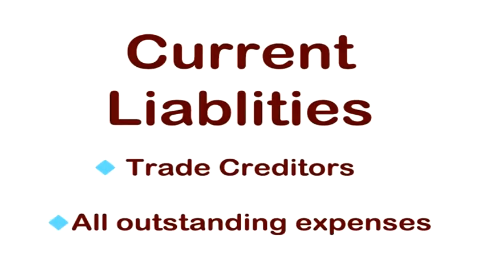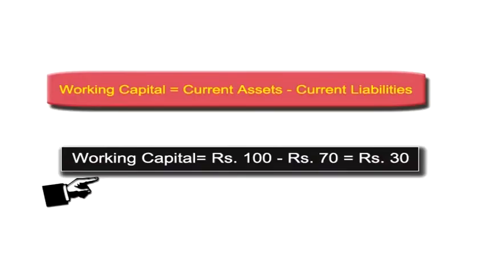Now, how do we analyze it? Current assets, we all know that they are cash, marketable securities, receivables and stock. So, assuming them to be 100, and our current liabilities, that means trade creditors, outstanding expenses, these all shall form the part of current liabilities, assuming them to be 70.